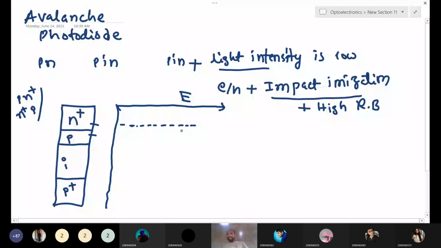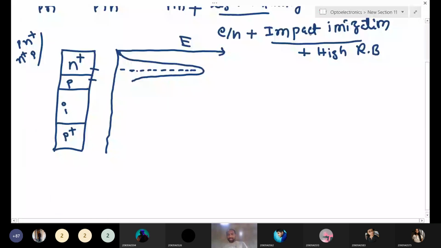The charge density rho is equal to E into ND, where ND is the donor atoms in the semiconductor layer. From this expression, if you integrate the equation, you will get E equal to E ND by epsilon, and here you will get the space charge region, the depletion width X.